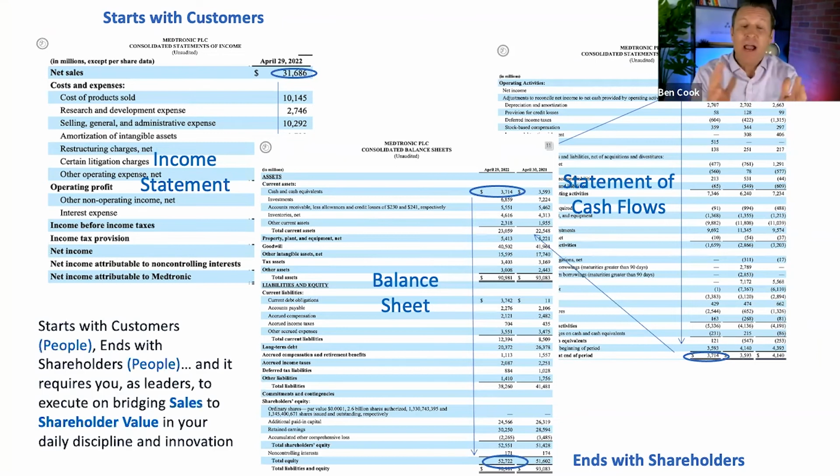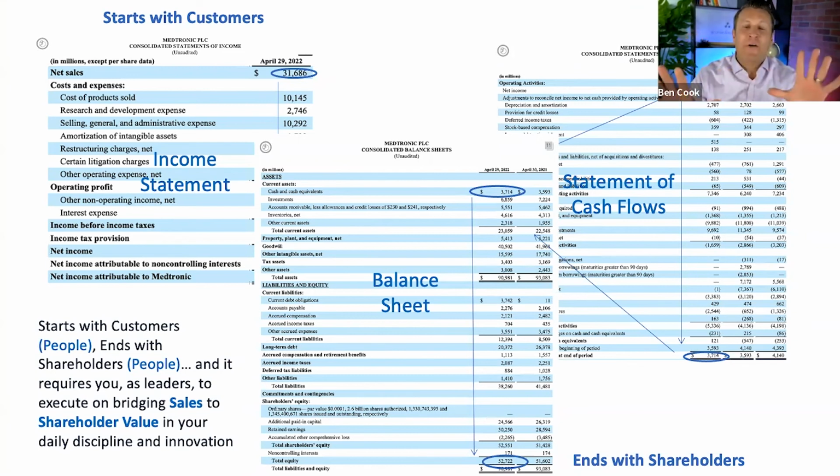And then what you find is everything that you and I and everybody else do is to try to drive value to customers and value to shareholders. And everything in between are the decisions we make to try to drive value to the business. It's driving process improvements and operating efficiencies and innovation and finding ways to operate as efficiently and as effectively as we possibly can to bridge sales to shareholders, and how we all operate together is what drives shareholder value.